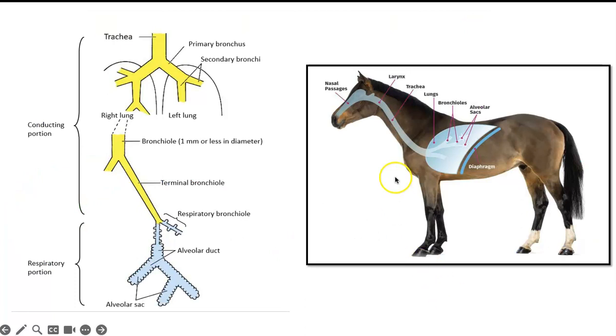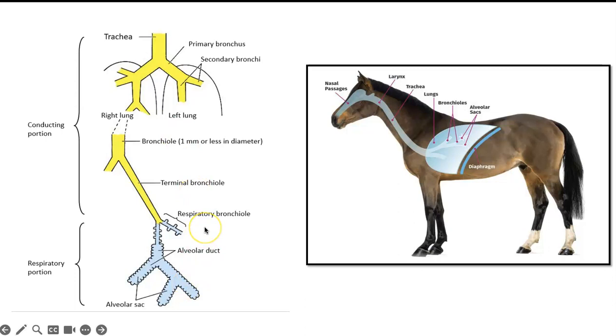So if you look at this diagram, you'll find the conducting portion: the nasal passages, and then the larynx and trachea. You can see here the trachea, and then the primary bronchi and secondary bronchi. The secondary bronchi become intrapulmonary, however, they are still conducting portion. Also the bronchioles and terminal bronchioles, up to this point, are intrapulmonary but still conducting portion, only to conduct the air.